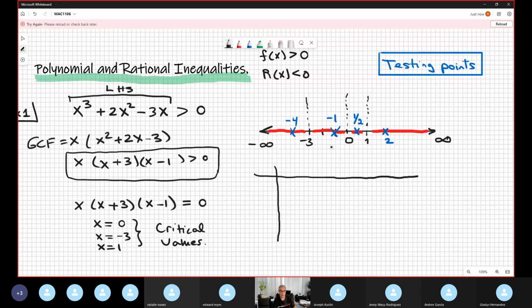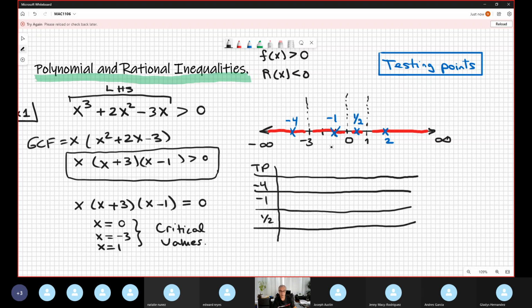In the table, you put the critical values, CV, and TP, testing point. Testing point is -4. Testing point is -1. Testing point is half, positive, and testing point is 2. This is the collection of the testing points.